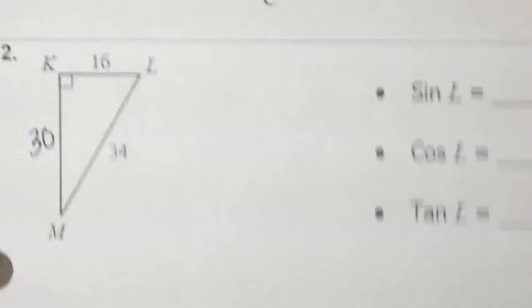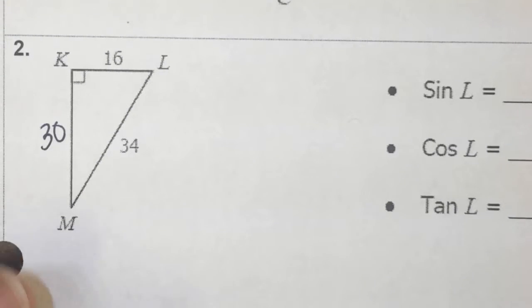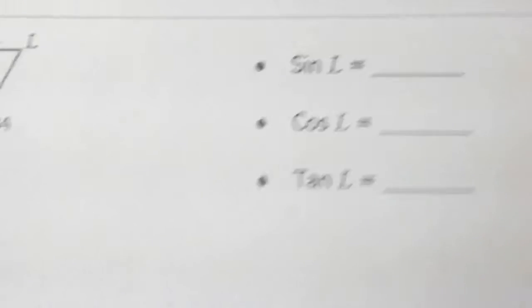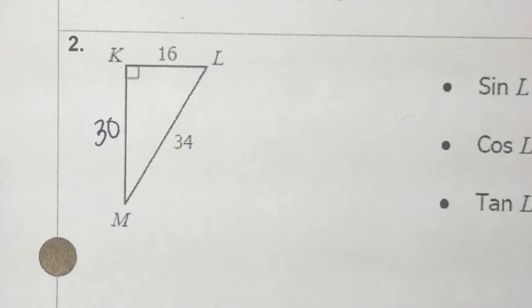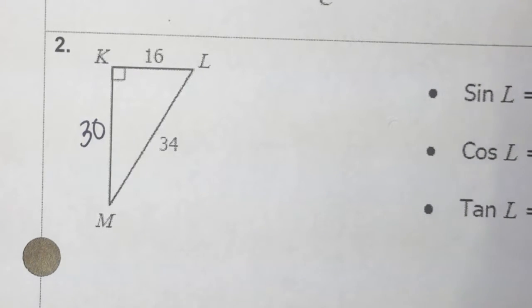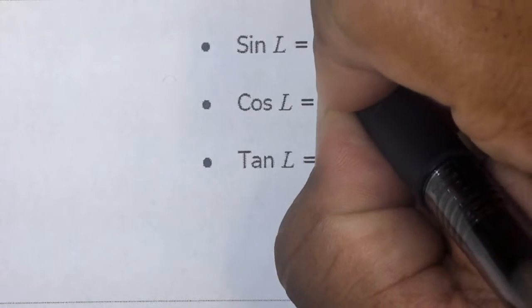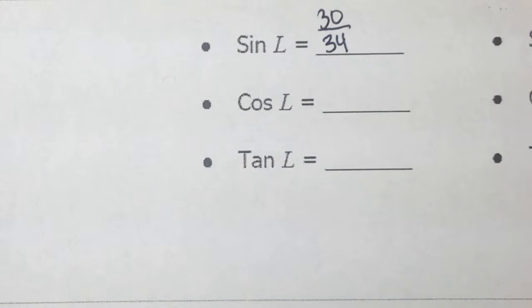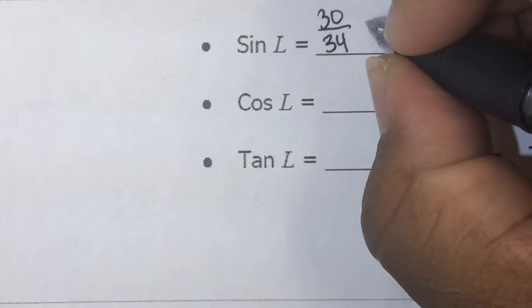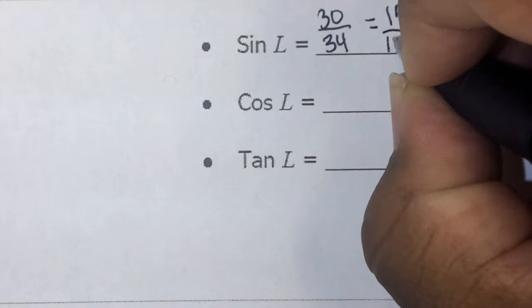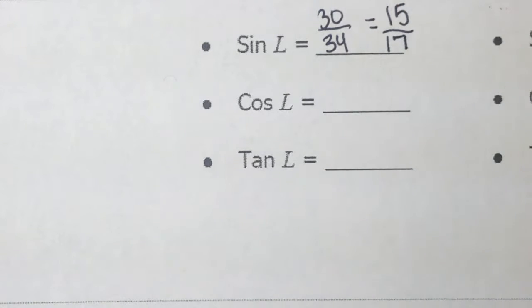All right. On number 2, let's set these up. We're going to have to reduce these, though, so let's get it. Sine of angle L. Yeah, should be 30 over 34, and then we can reduce that. Say it again. 15 over 17. You should all know that we could divide by 2.